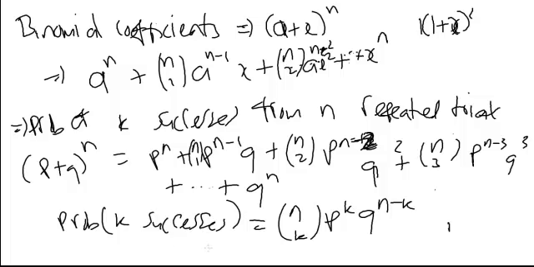Because 5 choose 0 is 1, 5 choose 1 is 5, 5 choose 2 is 10, 5 choose 3 is 10, 5 choose 4 is 5, 5 choose 5 is 1. So I get this shape where the highest point is in the middle, and then it's symmetric.